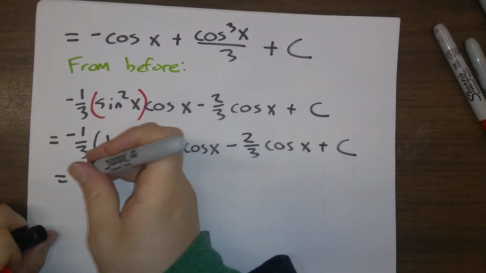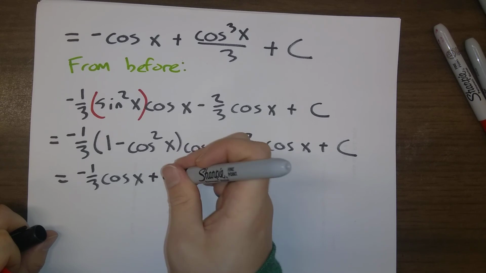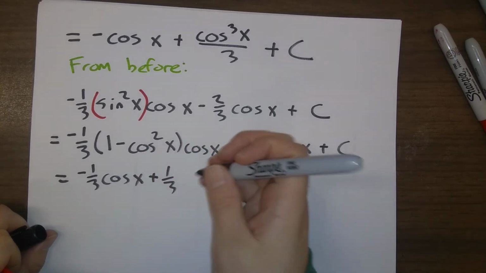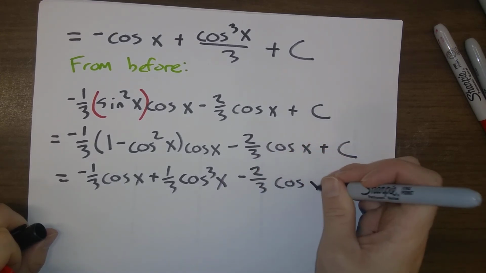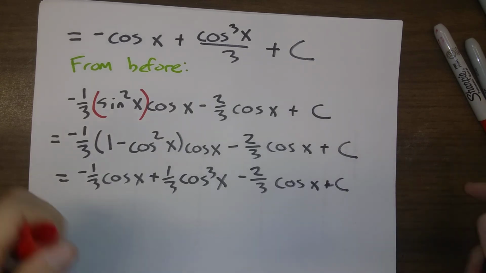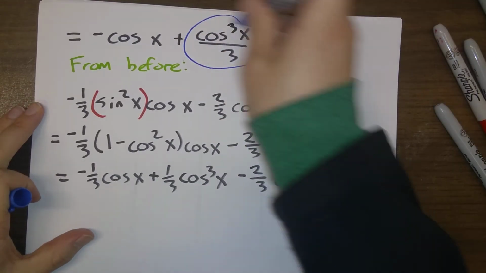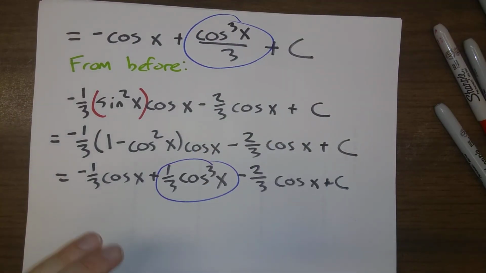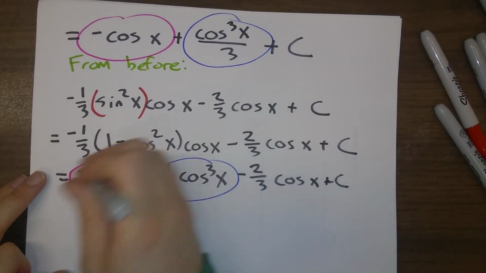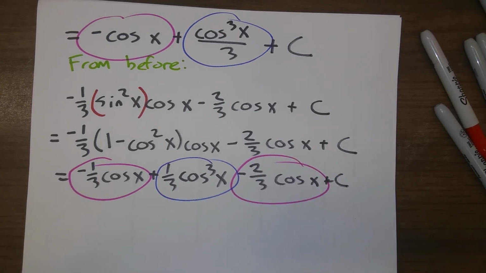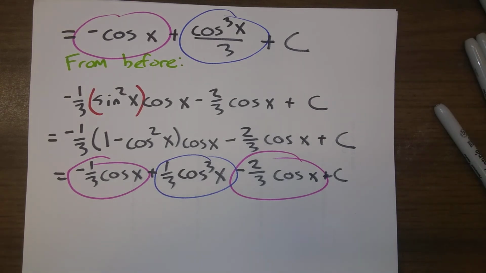So minus 1/3 cosine x, and then plus 1/3 cosine squared x times cosine x, which is cosine cubed x, minus 2/3 cosine x plus c. And let's note that these two answers are exactly the same. Cosine cubed x over 3 matches cosine cubed x over 3, and minus cosine x is the same as minus 1/3 cosine x minus 2/3 cosine x. So sure enough, we can breathe a sigh of relief. Our two methods get us to the same exact answer.